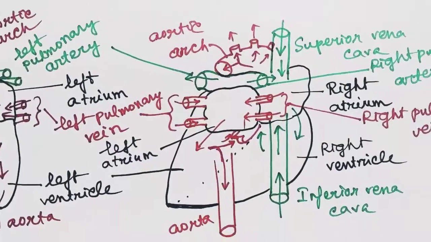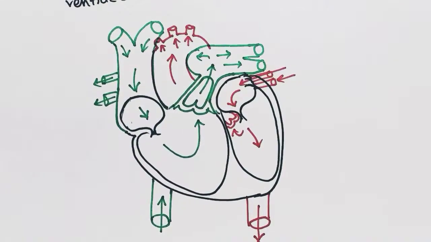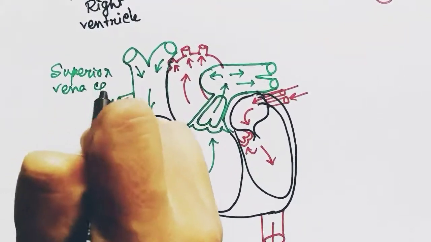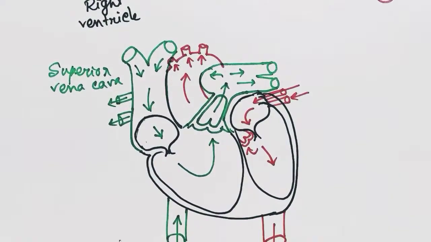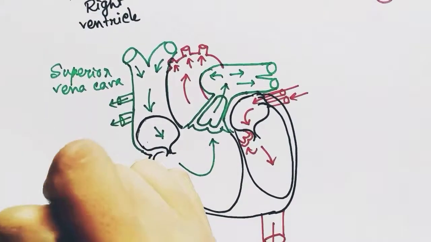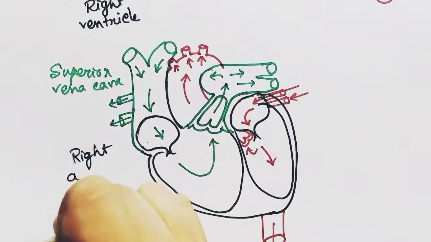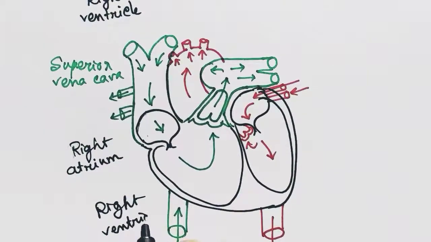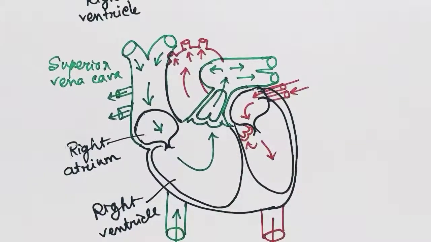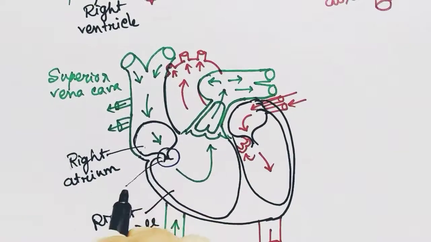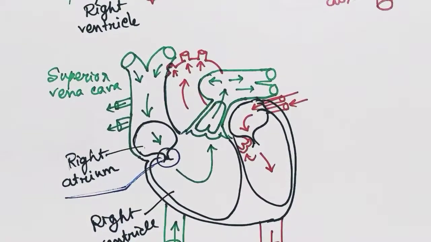Now we will look into the valves of the heart. This is the superior vena cava, bringing the deoxygenated blood to the right atrium, and it will enter the right ventricle. Between the right atrium and right ventricle, there is a valve present and it is called the tricuspid valve.